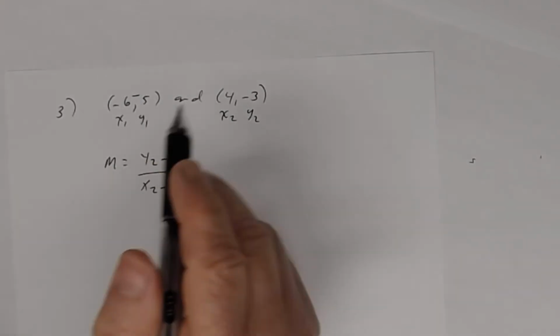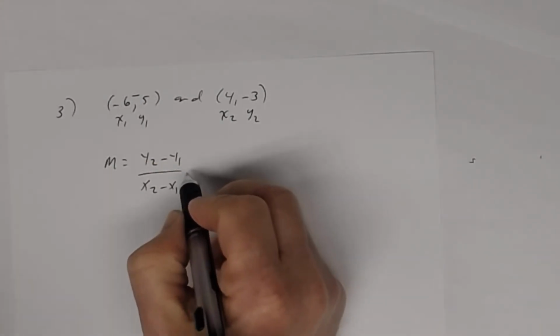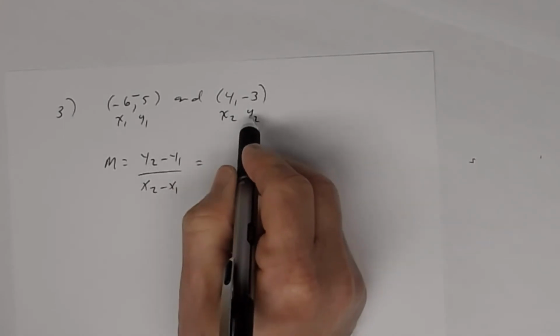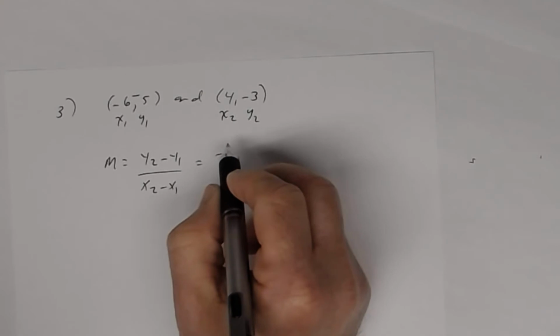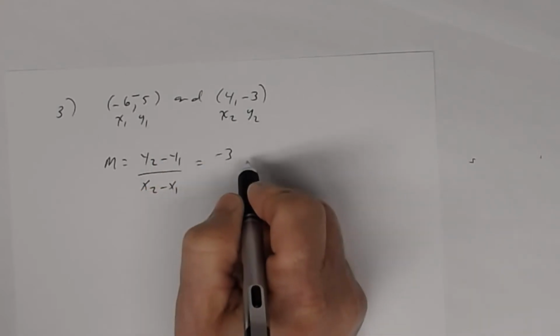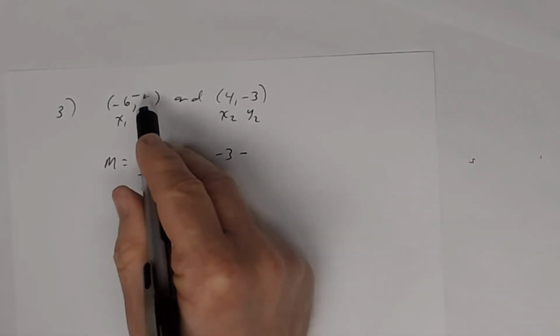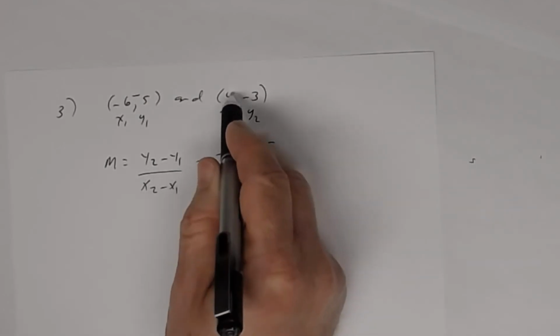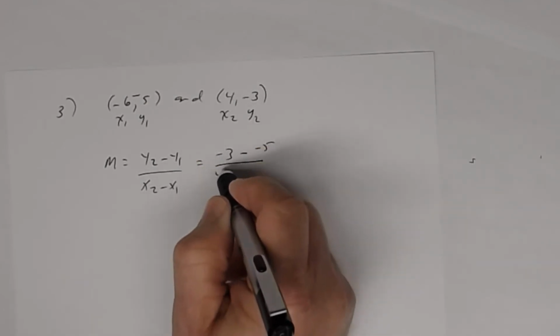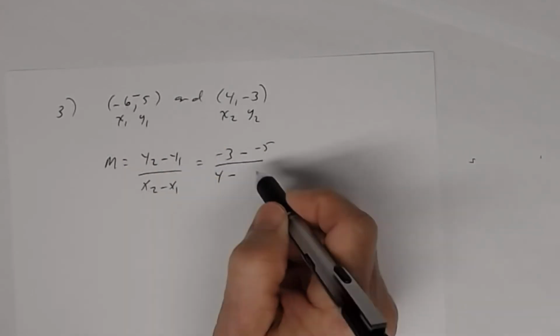It does not matter. You'll still get the same slope. So y2 is a -3, so make sure you put the correct values in those spots. Minus, so you're subtracting y1, which is -5, divided by x2, which is 4, subtract x1, which is -6.